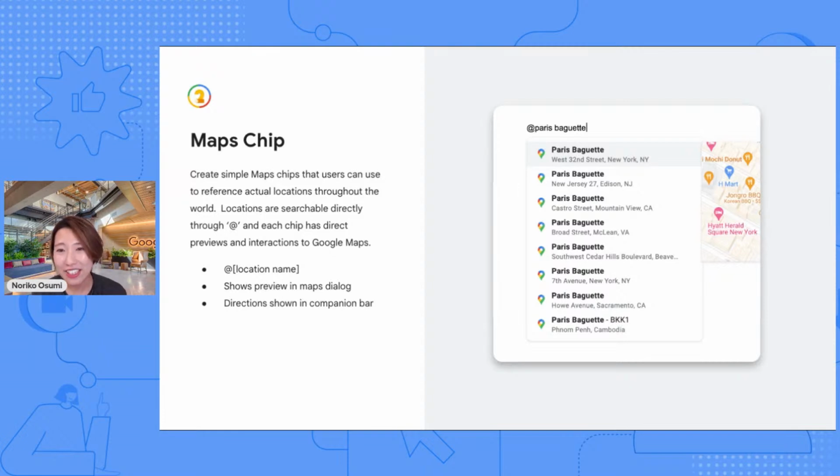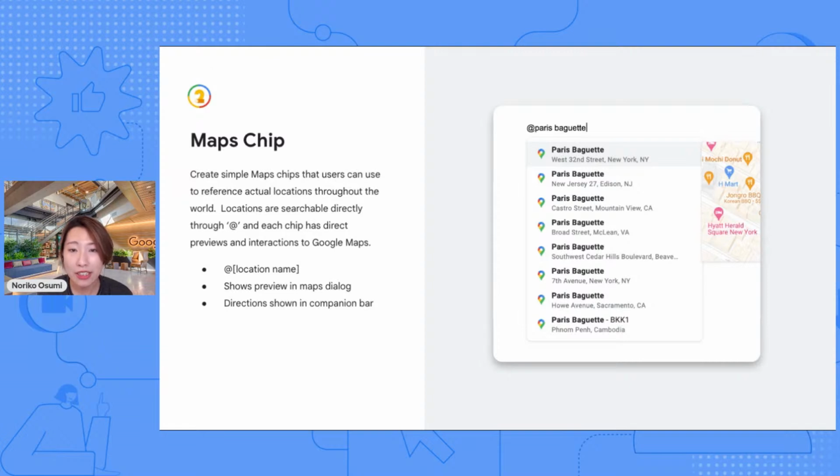For example, we have a direct integration into Google Maps, so we can reference really any location in the world. Those locations are searchable directly through the at sign as well. So I can just do at Paris, select it, and go ahead.